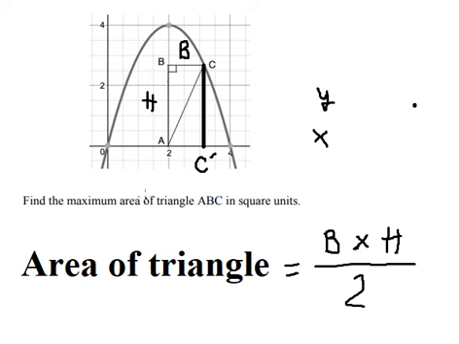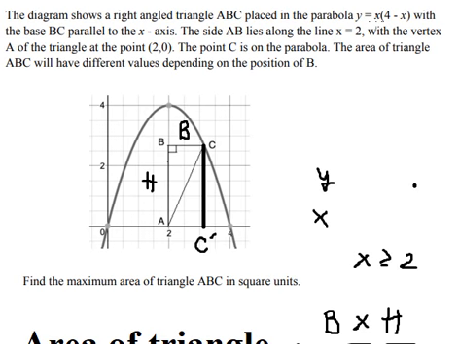That means we put x is greater than or equal to 2 here. As for the height, it is this value here, because this line is parallel to BA. So the height equals x multiplied by (4 minus x).